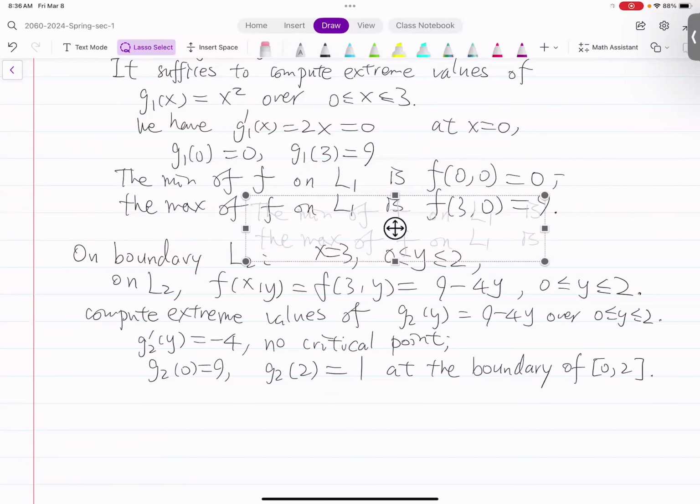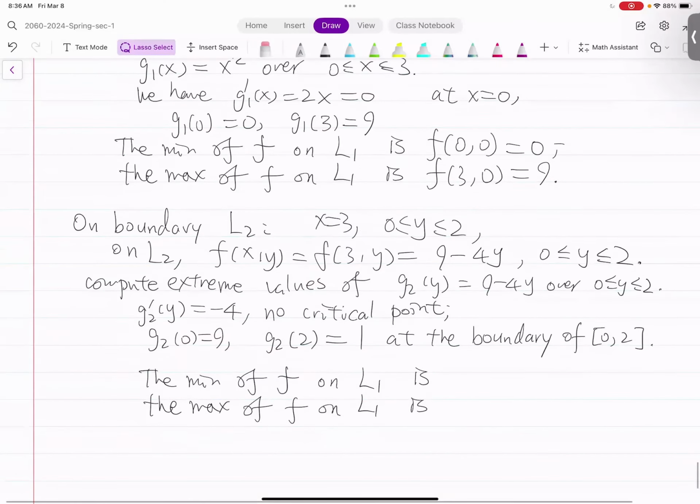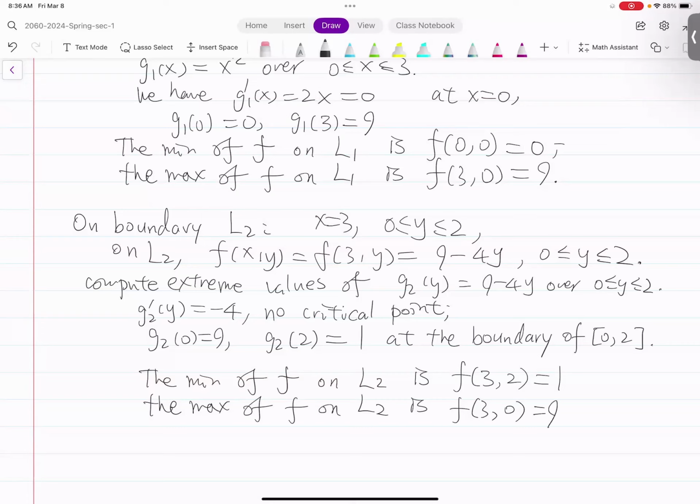Here we just write down the conclusion, and let me cheat by copying something from a little bit earlier. The minimum of the function on the boundary L2 is, basically, x is 3, only y is changing. So the minimum is attained at y equal to 2, and the output here is 1. And the maximum is attained when the y value is 0, and the output is 9.